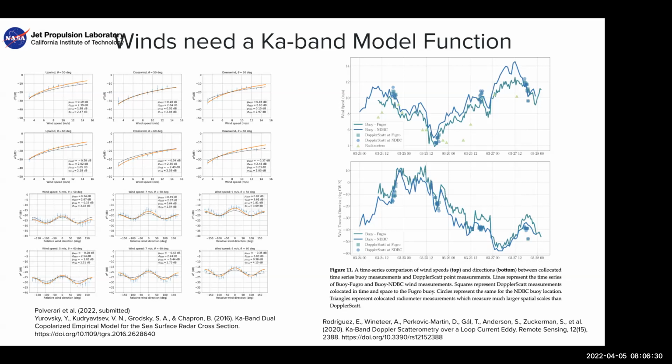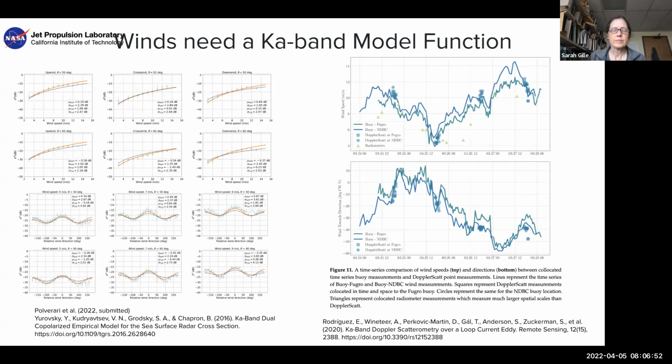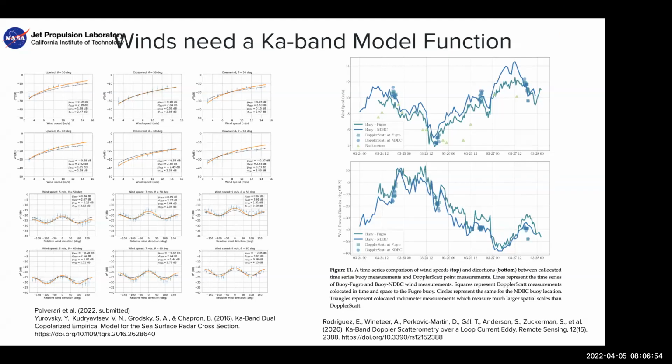For the winds, there's something called the geophysical model function that has been used now for decades that translates backscatter cross-section to wind speed and looks at the modulation of the backscatter cross-section to get the direction. On the left, you see some fresh off-the-press results from Federica Polverari et al., based on a tower experiment at Ka band, where we looked at how the backscatter cross-section varied as a function of wind speed and direction.